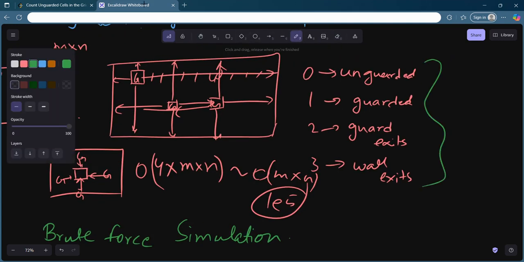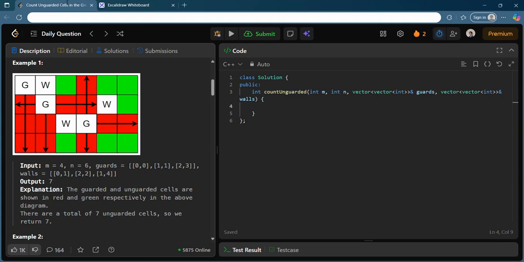So as I told you, 0 means guarded, and that's all I will do. Let's see, I will just write this once again. What does 0 mean? It means unguarded, which I will initialize at first, and 1 means it is guarded. And what does 2 mean?